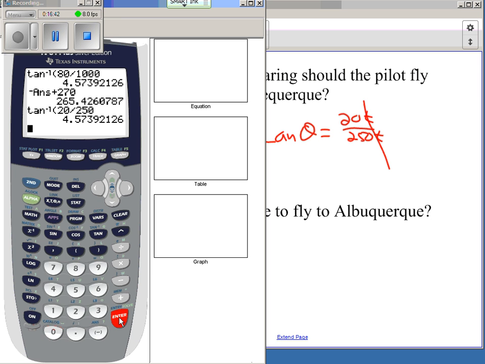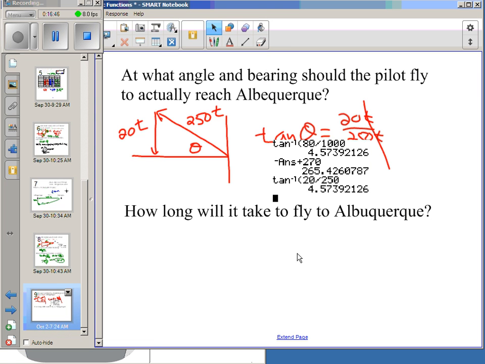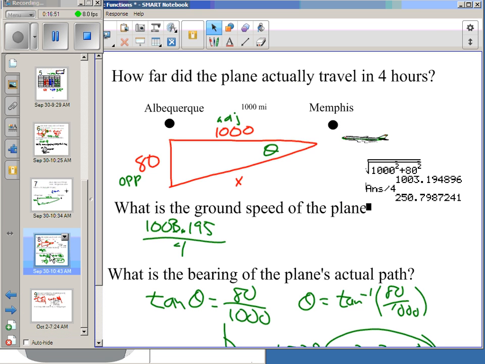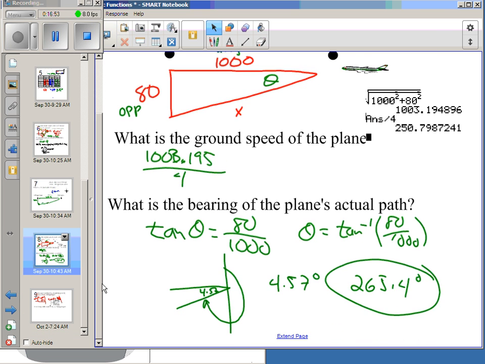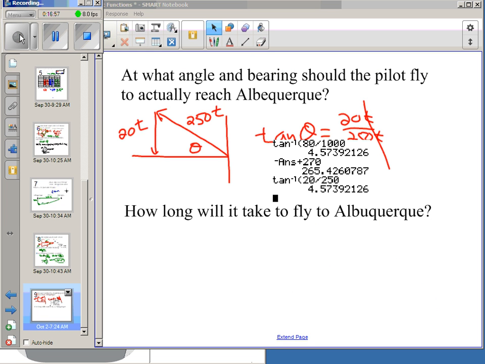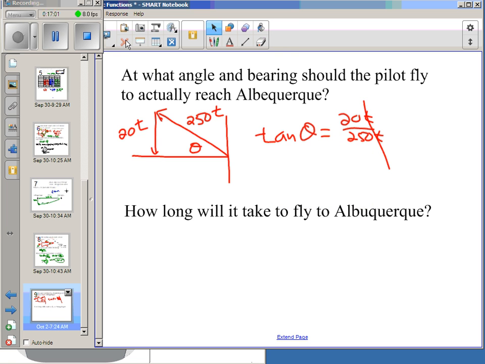And so to actually show up in Albuquerque, and I think this is a slightly different angle than the angle they were traveling. The angle they were traveling was 4.57. Oh, that's the same. Oh, I know what my mistake is. I knew I made a mistake because it's not supposed to be the same. My mistake is I don't have a tangent here. I have opposite and hypotenuse.